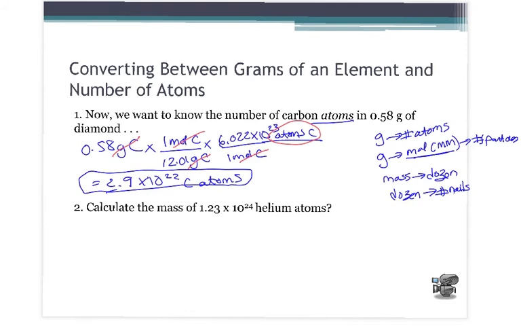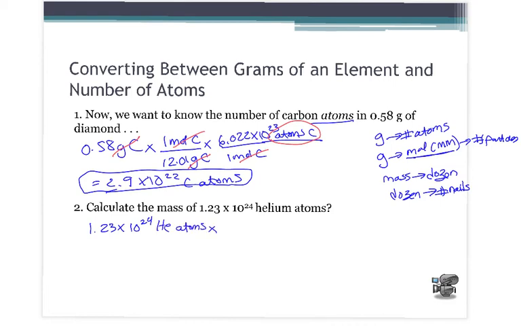Now, if we want to calculate the mass of 1.23 times 10 to the 24th helium atoms, we would go about the same process, but we would start with our given. So 1.23 times 10 to the 24th helium atoms.